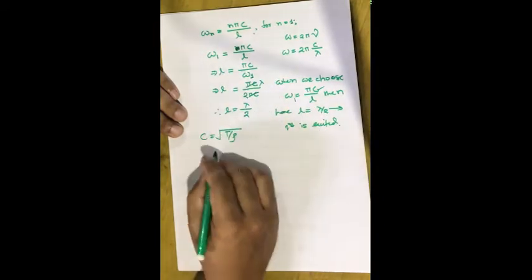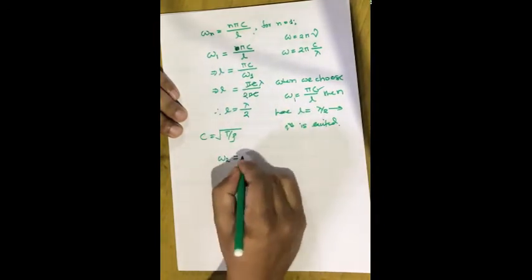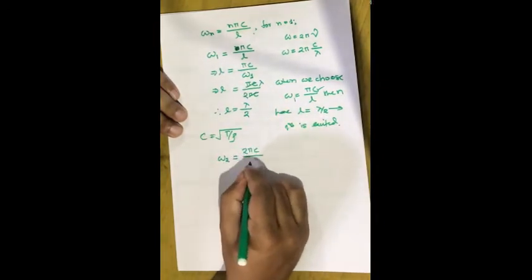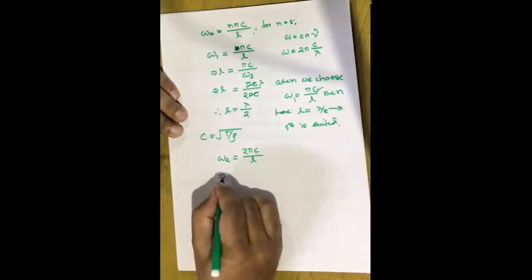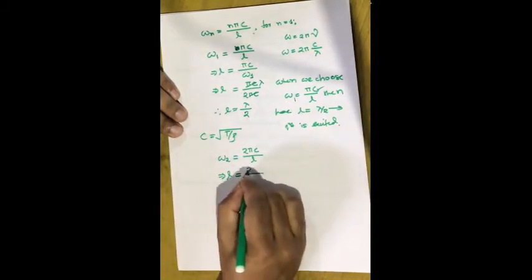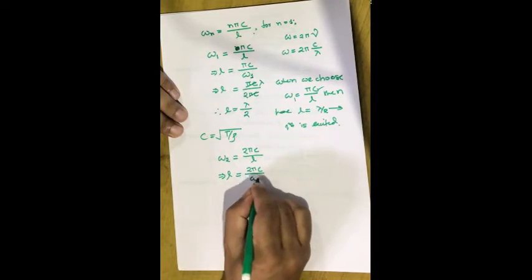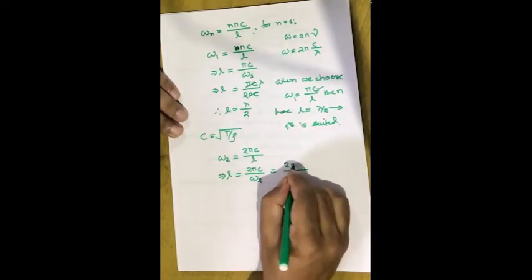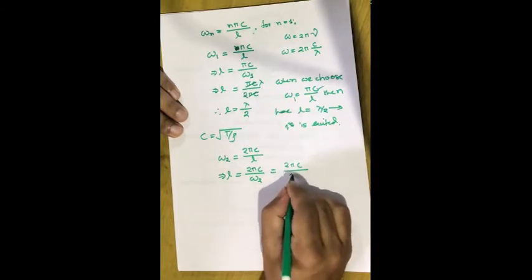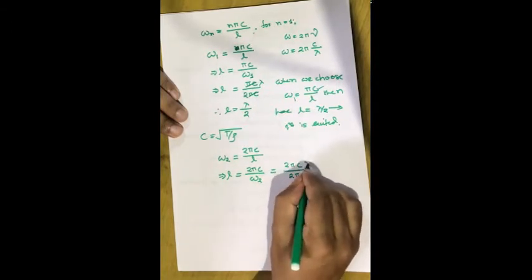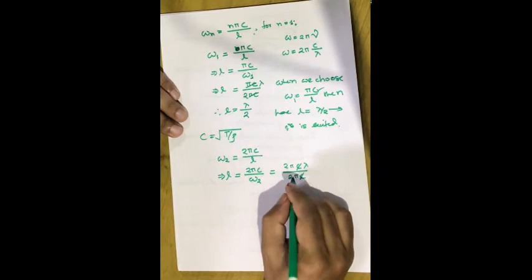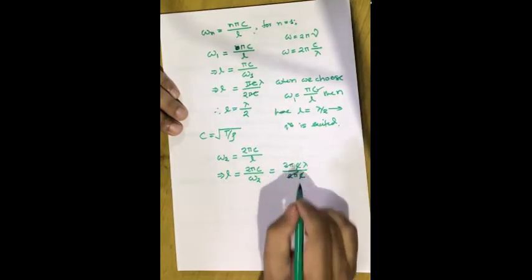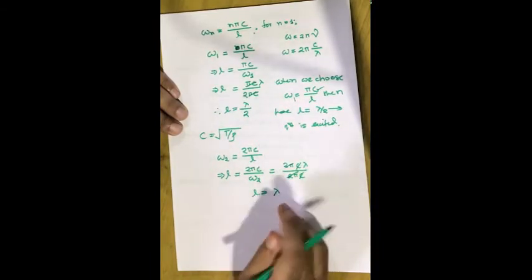Similarly, omega 2 will be equal to twice pi c divided by lambda for the second harmonic, so that gives L is equal to twice pi c divided by omega 2. Then just put the value of omega, twice pi c by lambda. The c cancels out, the twice pi cancels out, therefore L is equal to lambda.